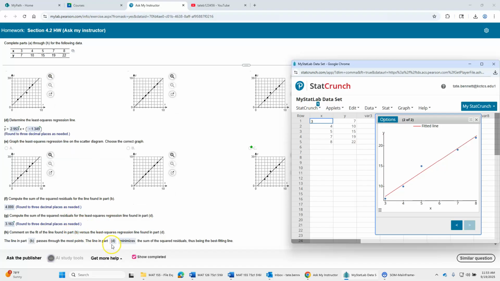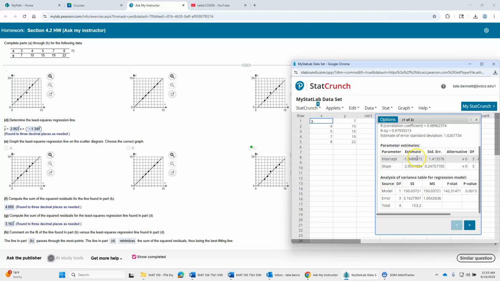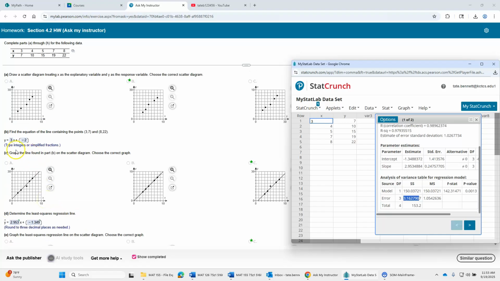Let's say you got these parts. I guess this part's already done for us. If we go back to here, right here it gives you this error, which is what they have here, the 3.163. They rounded it. Now this 4, you'd have to go back and calculate based on part B and the original ordered pairs.